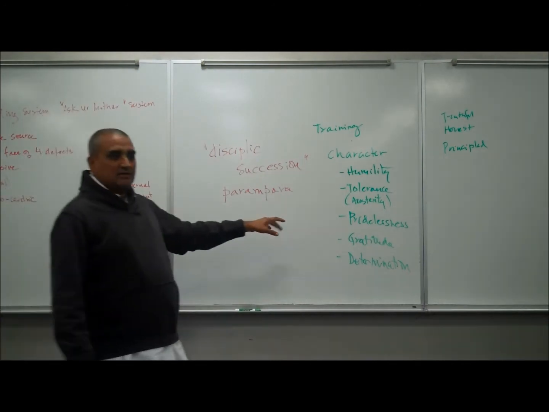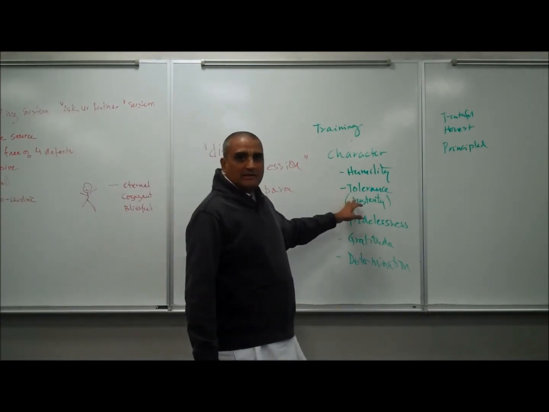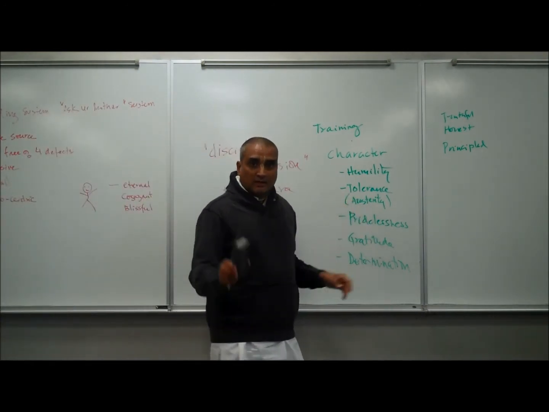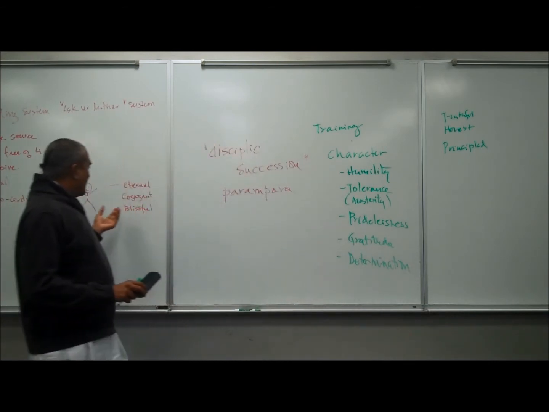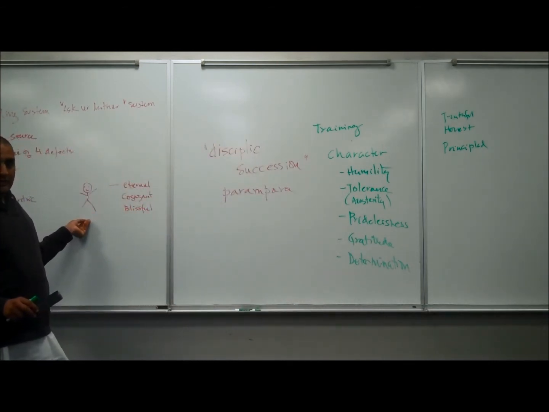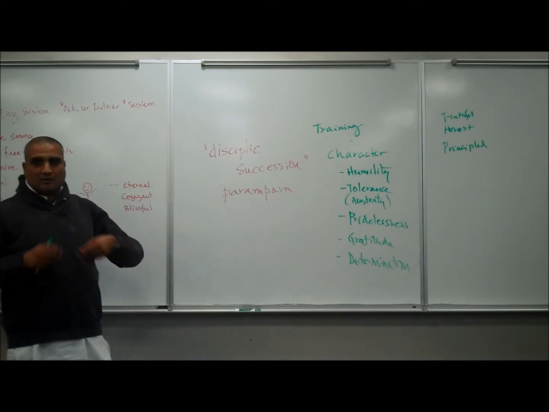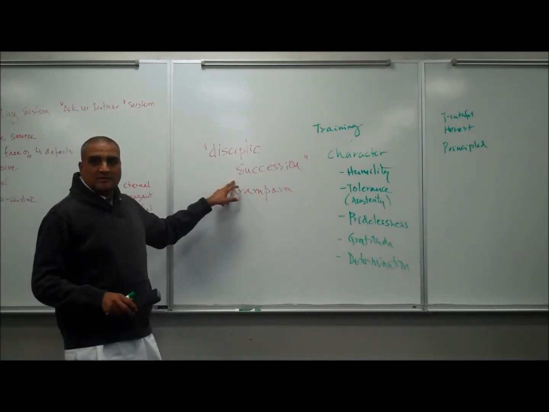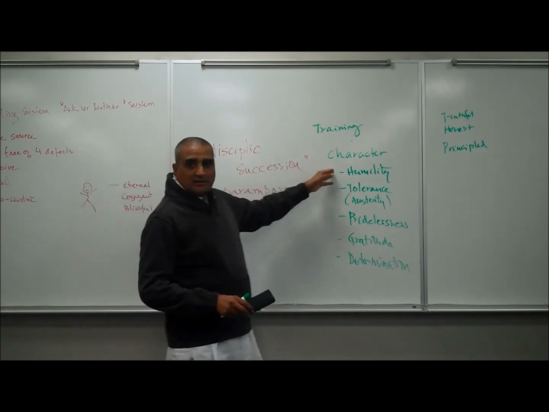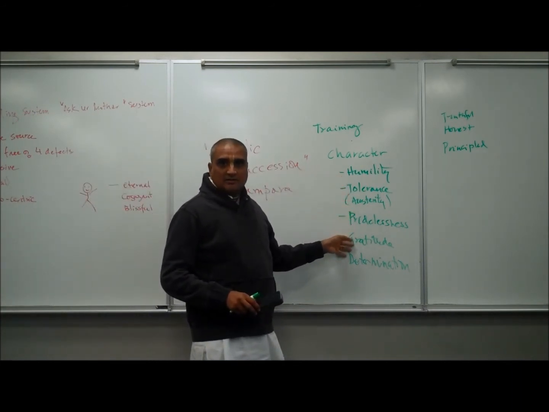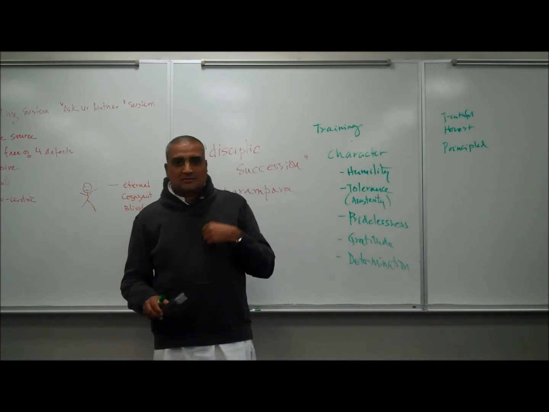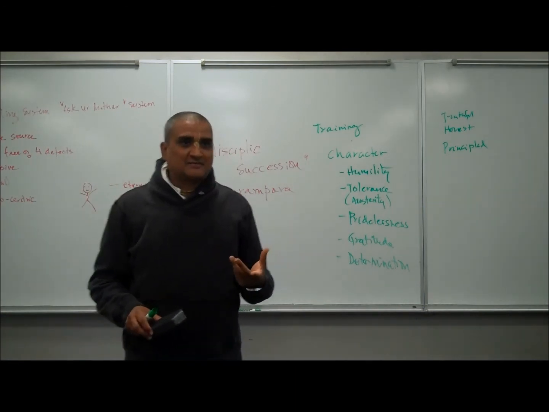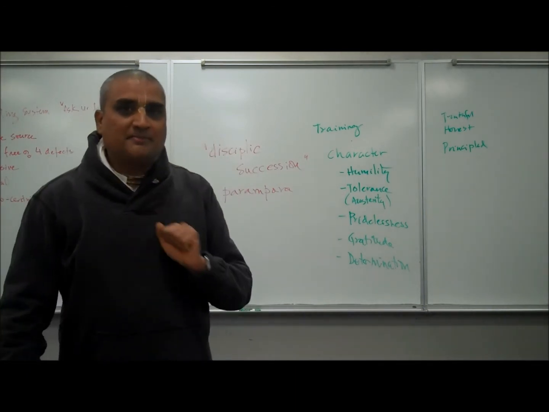But these are the qualities. This is just a short list, not the complete list. So now, when this knowledge has to be given to the next person in the disciplic succession, unless they are trained in these qualities, that knowledge will not enter. They cannot hold that knowledge with them.